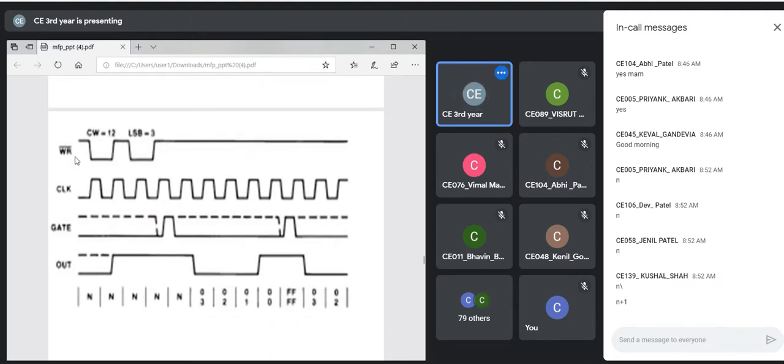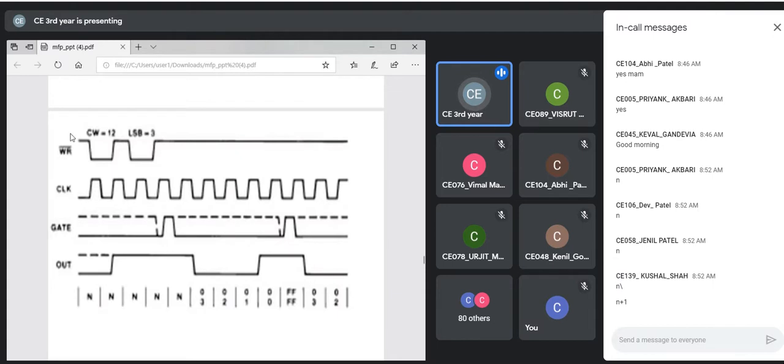What we are doing here is control word 1, 2. This control word will decide which counter it is, and whether the count will be LSB only, MSB only, or LSB and MSB both, right? Suppose counter 0 is selected, suppose only LSB is selected, and the mode selected is mode 1, and then it is assumed that the count is binary.